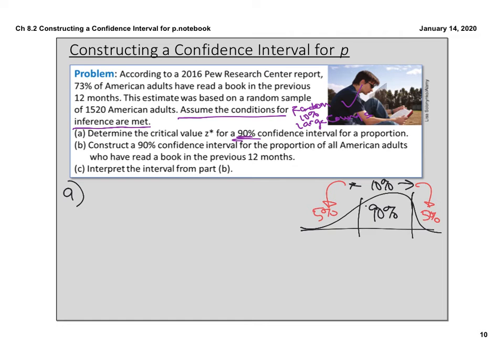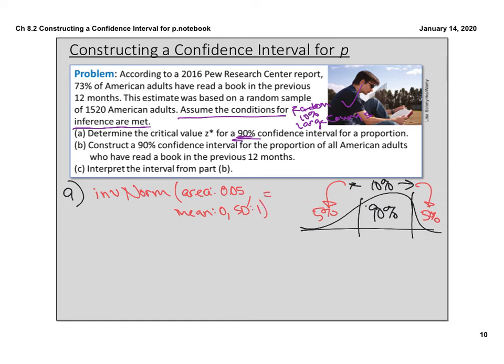Okay, so then in your calculator, you're going to go to inverse norm, and you're going to have an area of 0.05. You're going to have a mean of 0 and a standard deviation of 1, and see what that gives you.